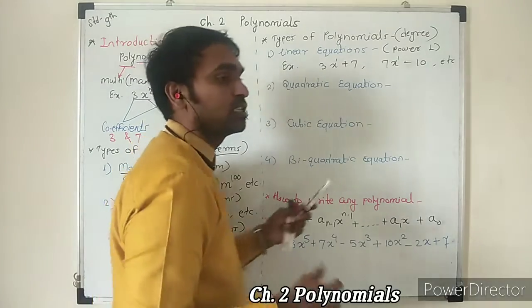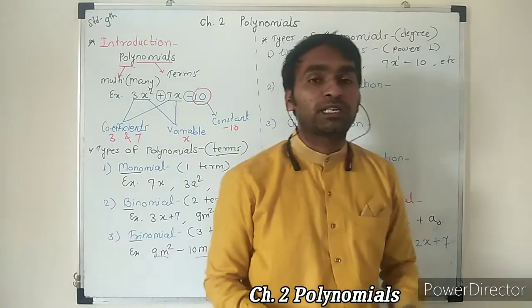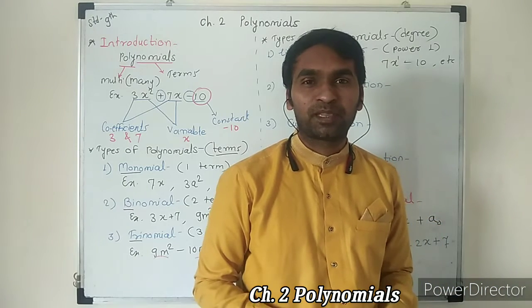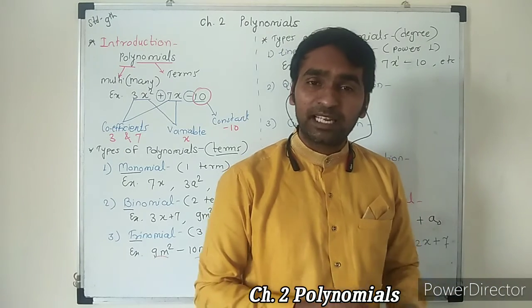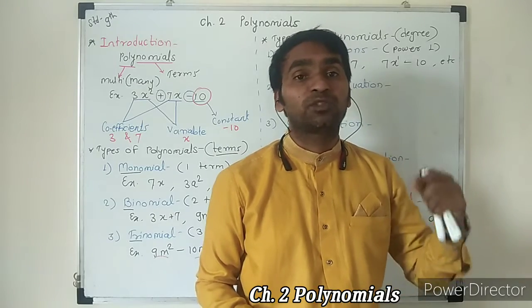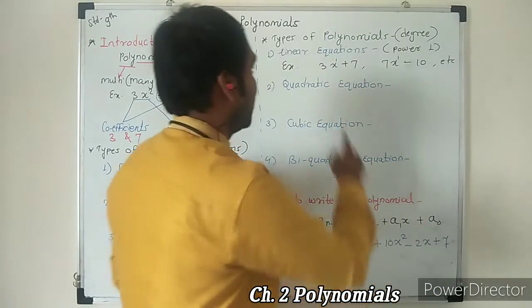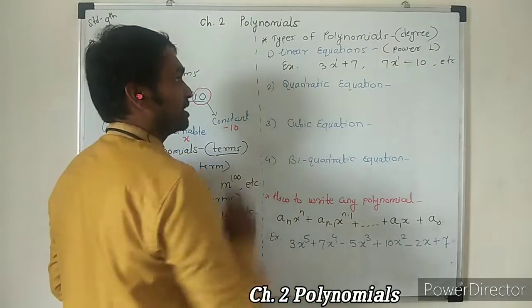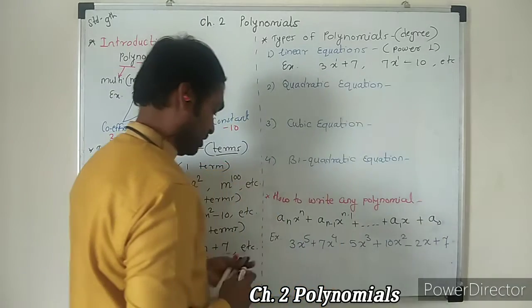Suppose in a linear equation you write 3x raised to 4 plus 7. Is this a linear equation? No, because it has x raised to 4. In linear equations, the only power is 1.